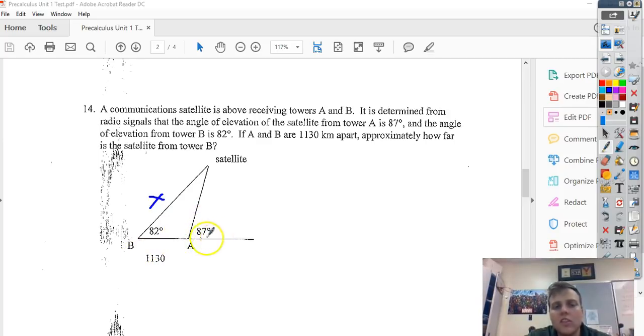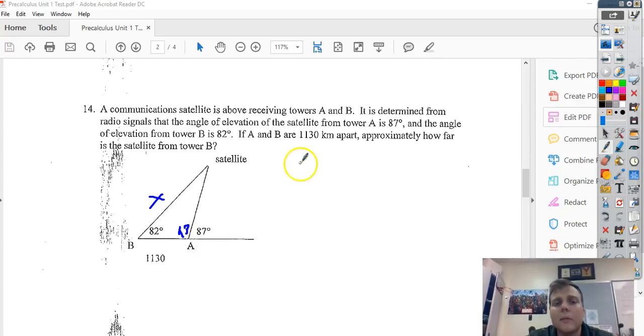The fact that you know this is a line, I know that then the combination of these two angles must be 180 degrees. So then if this side is 87, then I know that this side has to be 180 minus 87, which is 93. Now, this is not a right triangle, so I cannot use Pythagorean Theorem. I cannot use right triangle trig.